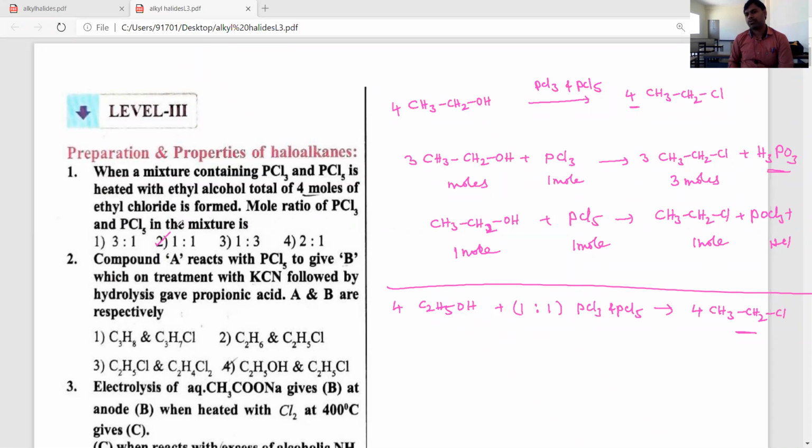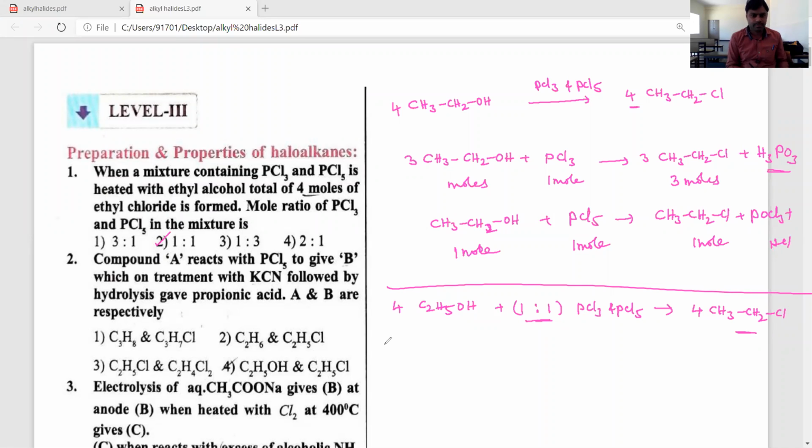For producing 4 moles of ethyl chloride, 1 mole of PCl3 and 1 mole of PCl5 is enough, a 1:1 ratio.